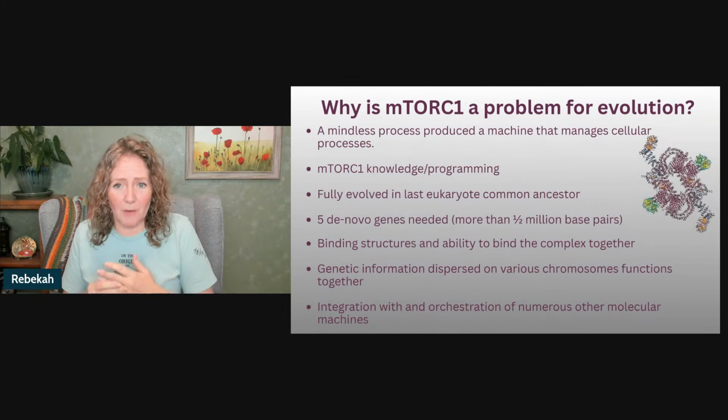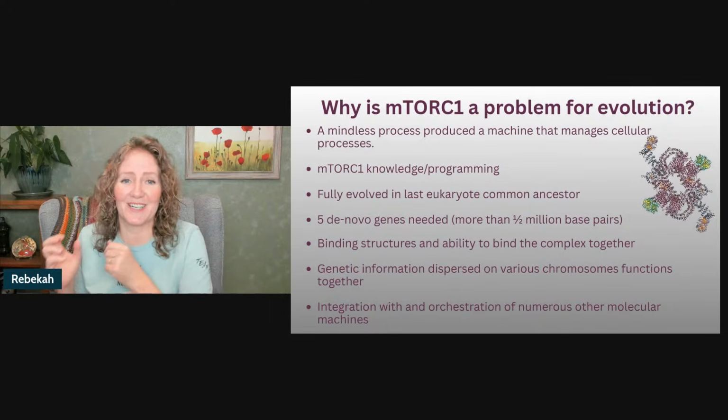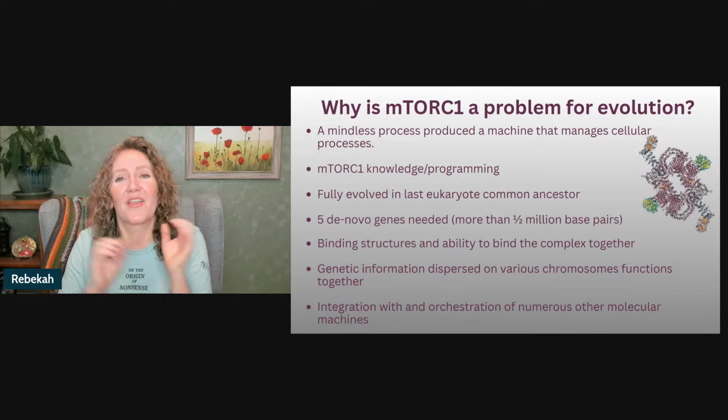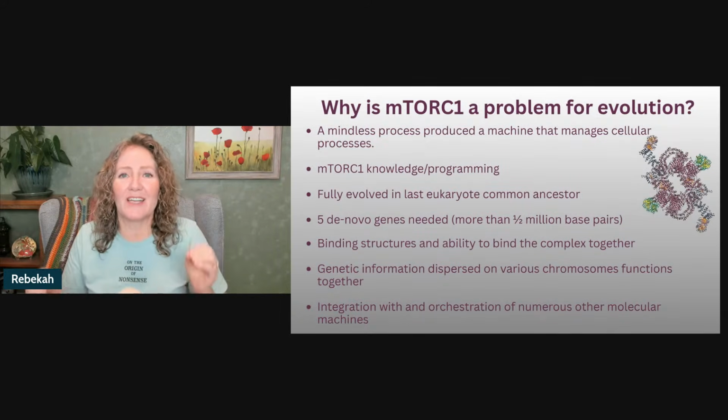Now, another problem for evolving mTORC1 is that this was fully evolved in the last eukaryotic common ancestor. So get this: this is there from the beginning, at the beginning of eukaryotes.